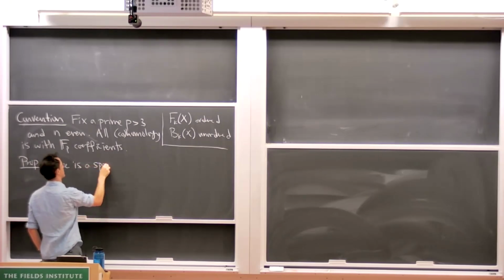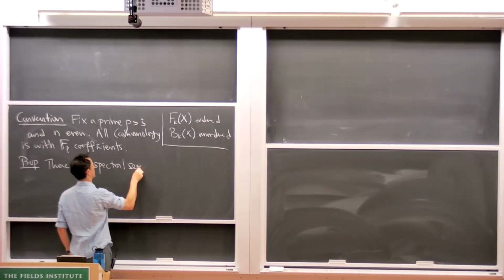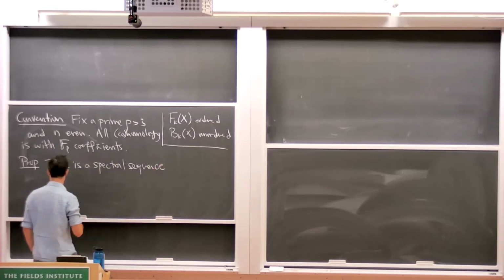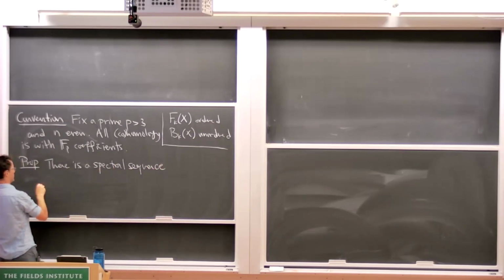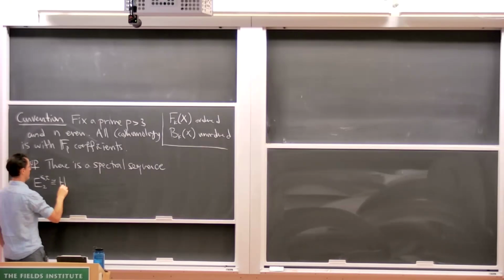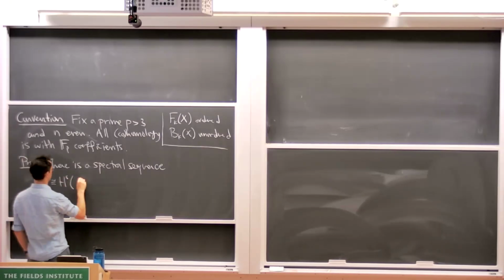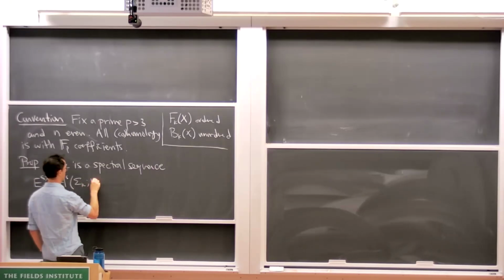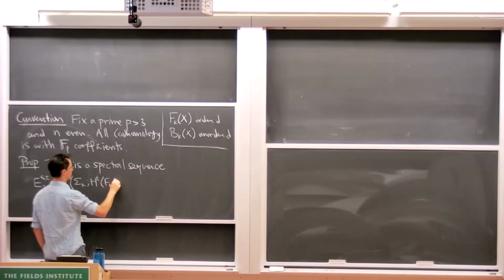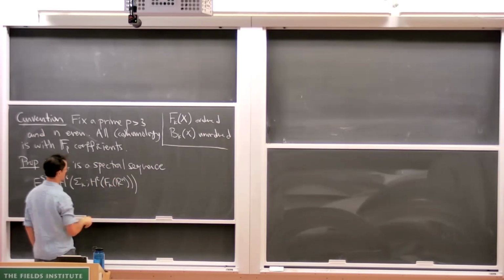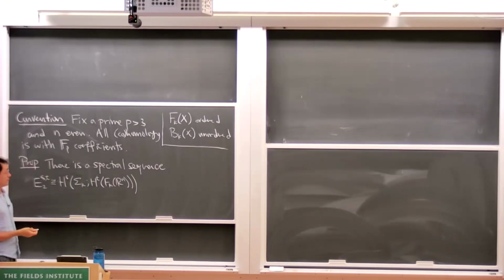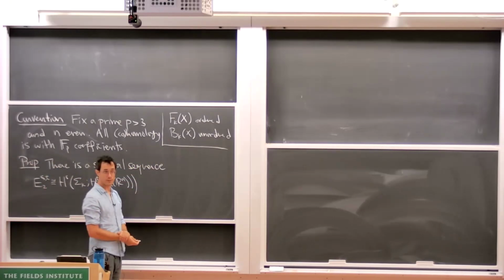There is a spectral sequence that has E2 page given by the group cohomology of sigma k with coefficients in the cohomology of the ordered configuration space. And it converges to the cohomology of the unordered configuration space.